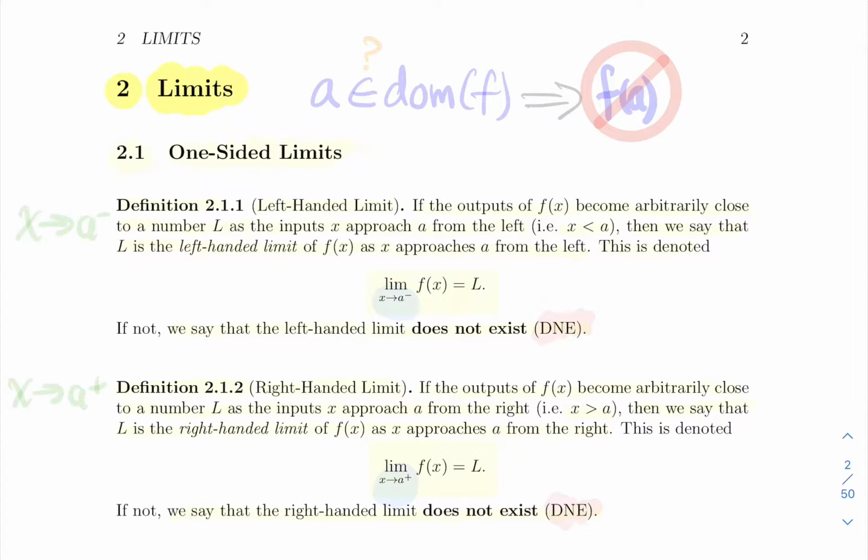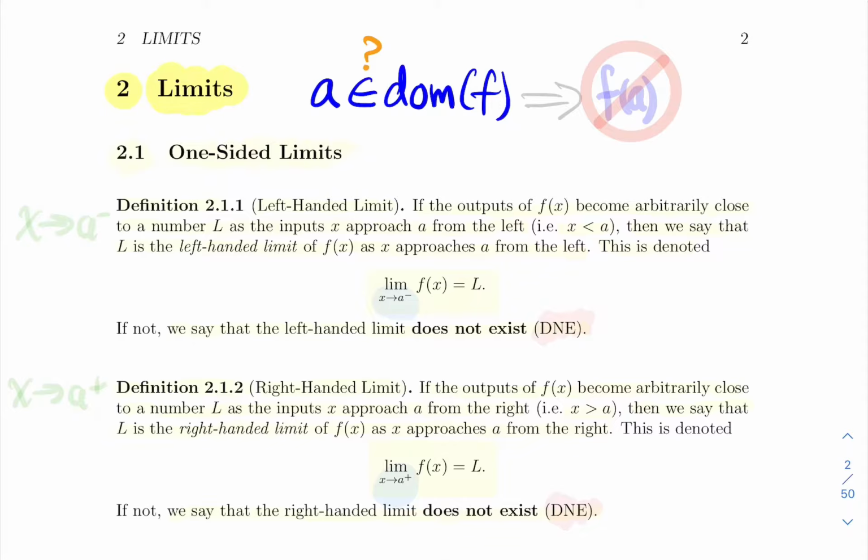So before we go into the first few definitions, the idea here is we start with a point, okay? And typically that point is inside the domain, or is it? Okay, so it's not necessarily inside the domain, so it could be inside or not.